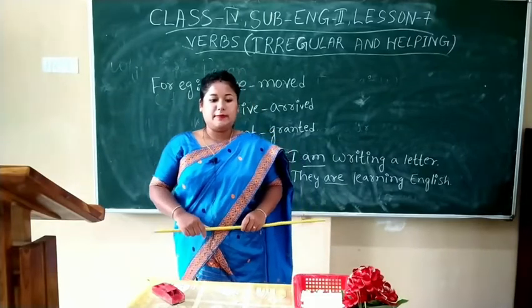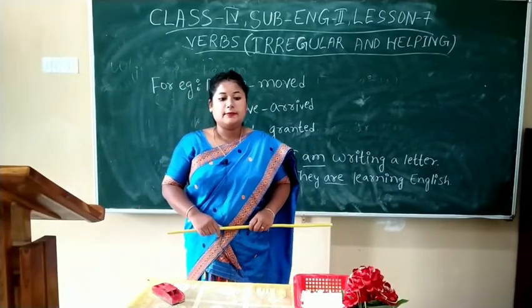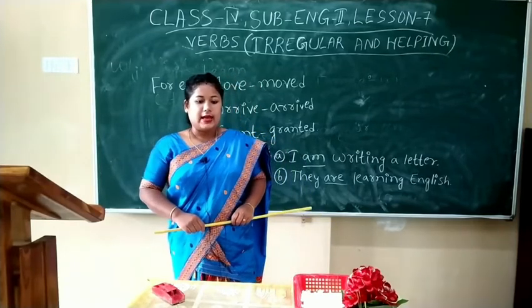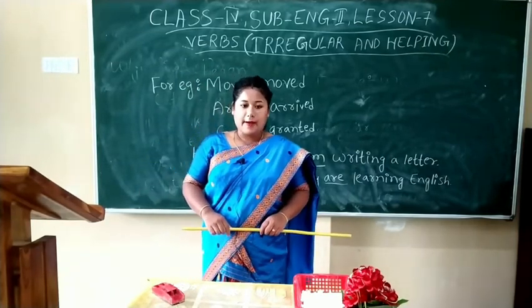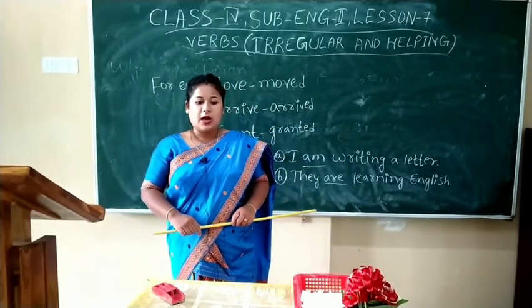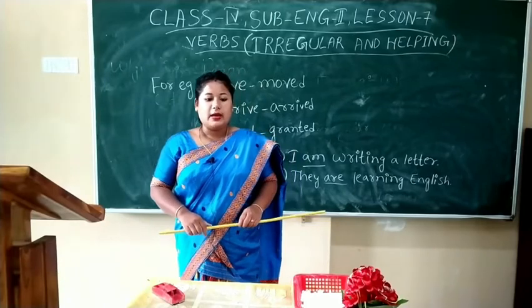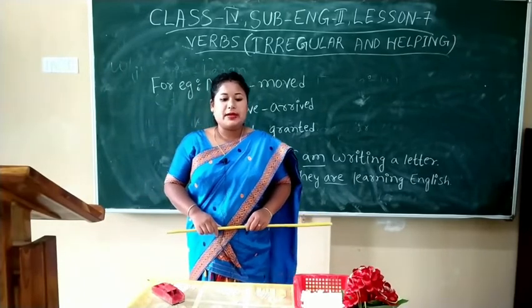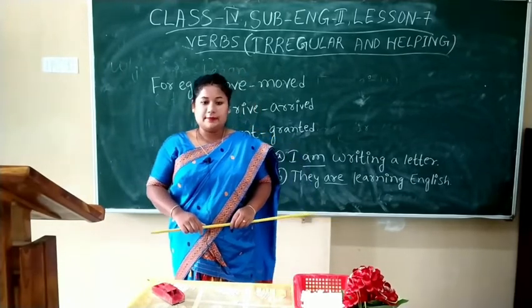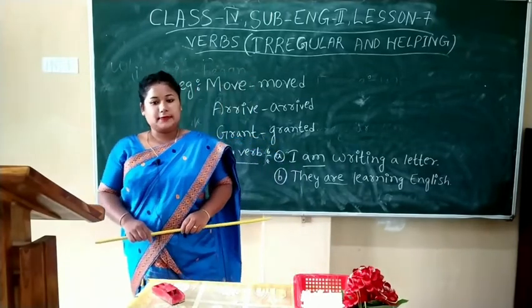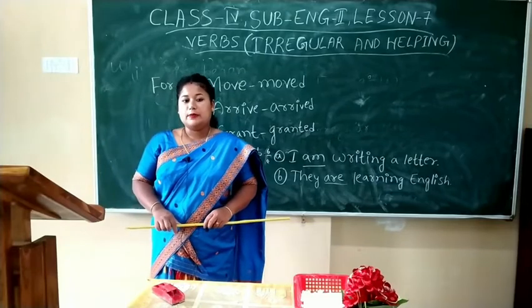They help the main verbs write and learn in forming sentences. We also see that helping verbs am and are occur before the main verb. So, helping verbs occur before the main verbs and they help the main verbs in different ways. Since they help the main verb, they are called helping verbs.